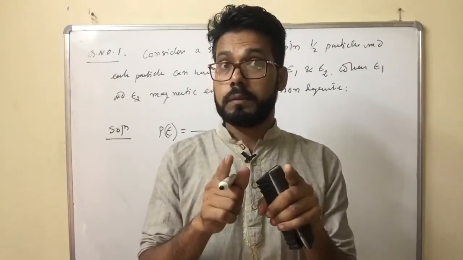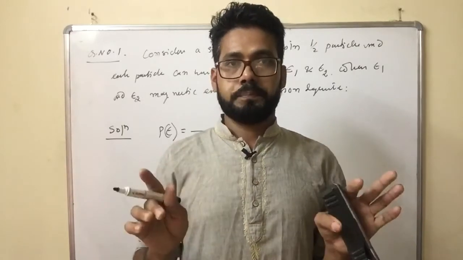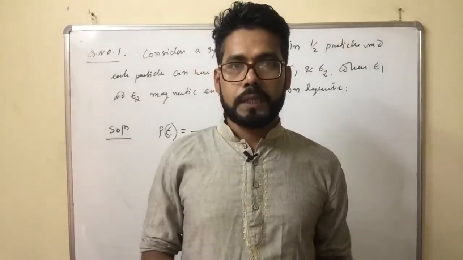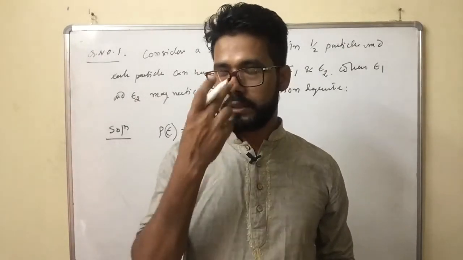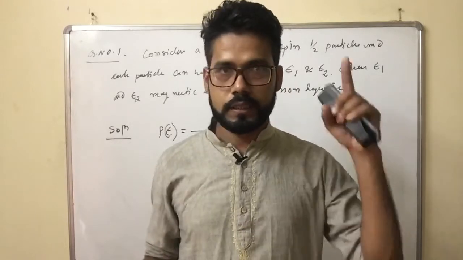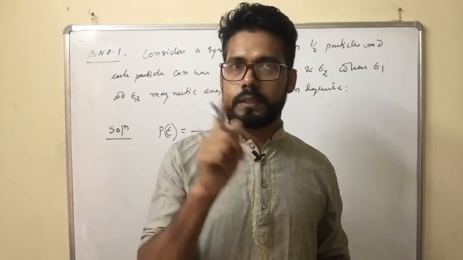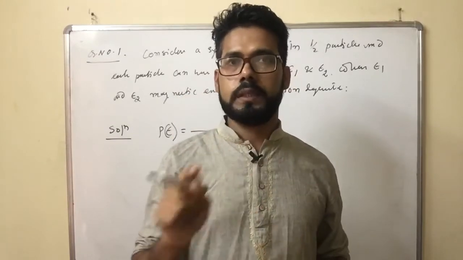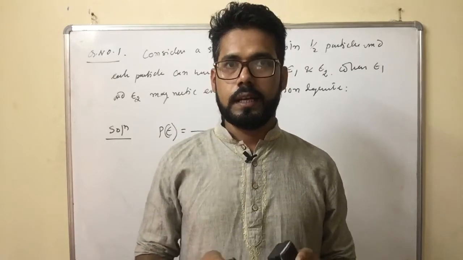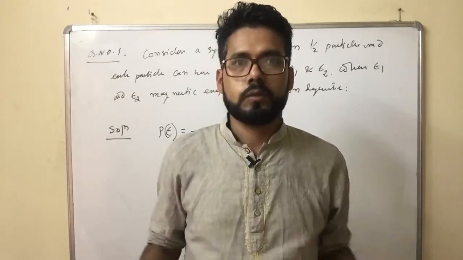One thing to remember: degeneracy exists only in an isotropic body. Suppose you consider a cube, if the cube is symmetric, meaning x equals y equals z, then there will be degeneracy. For a particle in a 3D box, there will be degeneracy only when a equals b equals c. If there is no symmetry, then there is no degeneracy.